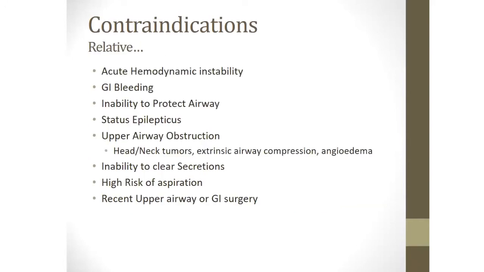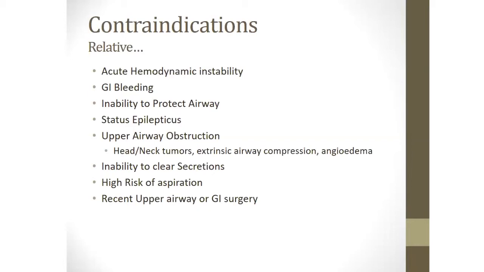The relative contraindications: acute hemodynamic instability, like if the patient is on inotropic support. If the inotropic support is high, it's better to intubate early rather than give a trial of NIV. Upper GI bleeding, if the patient is unable to protect his or her airway. Status epilepticus. Upper airway obstruction like head and neck tumors, extrinsic airway compressions, or angioedema.